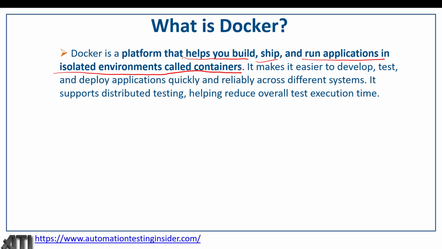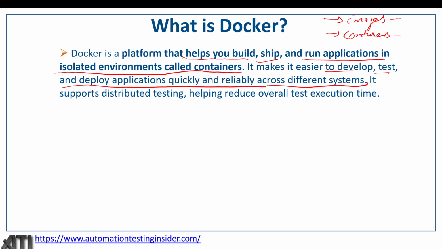There are two things when we talk about Docker: images and containers, right? Images are nothing but the blueprint, and containers are an object, right? So it makes it easier to develop, test and deploy applications quickly and reliably across different systems.